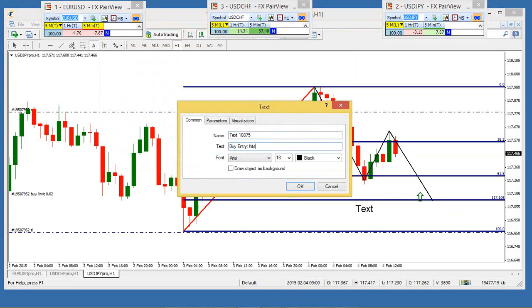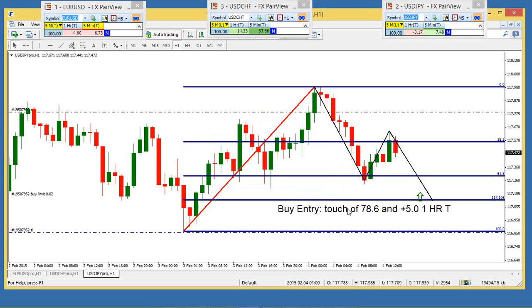when it hits the 78.6 level, and plus five on the one hour totals can be used for confirmation. So you can almost put that in here, 117.106.